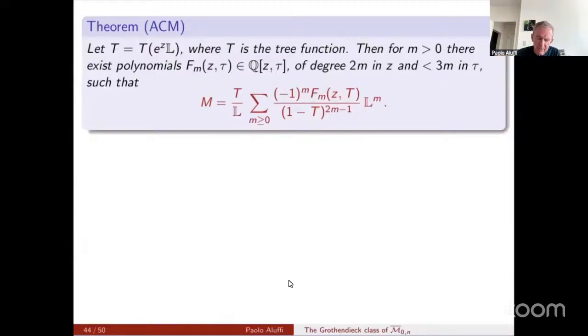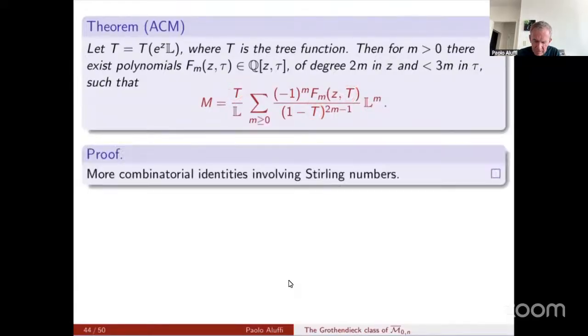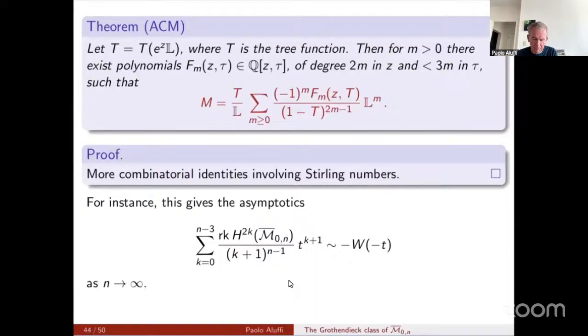There exists an expression for the generating function in terms of T, where T is the tree function coming from the Lambert W. This is pleasant. And the proof, well, again, you have to go back to the library, sit in front of a shelf, and open combinatorial books until you find the combinatorial identity you need.